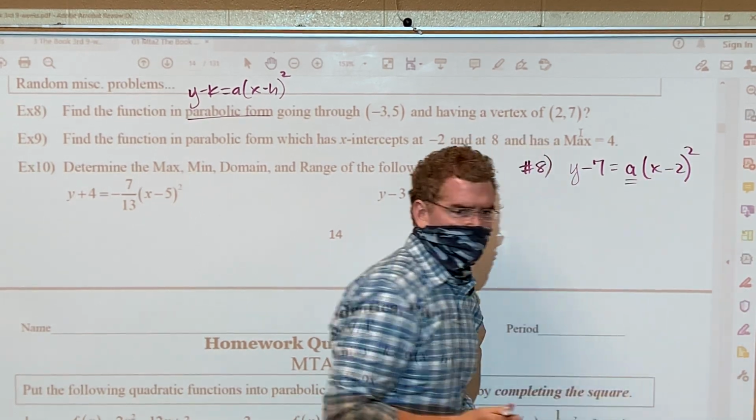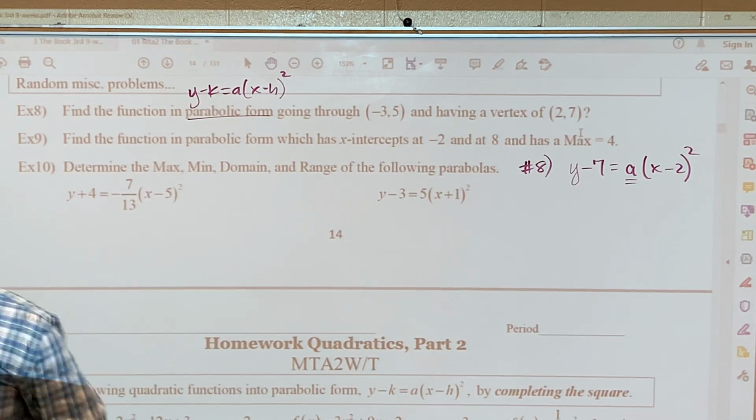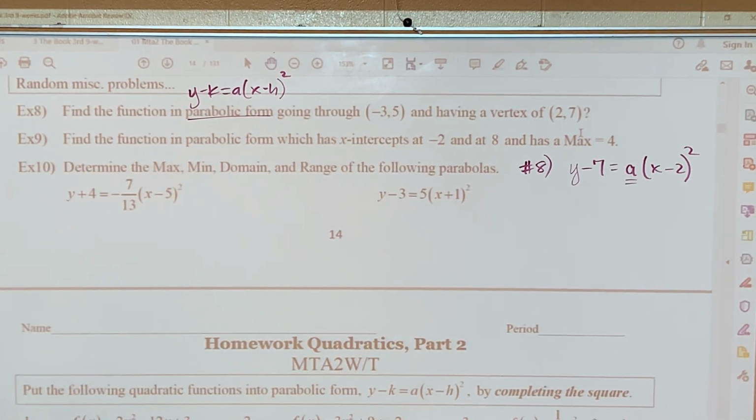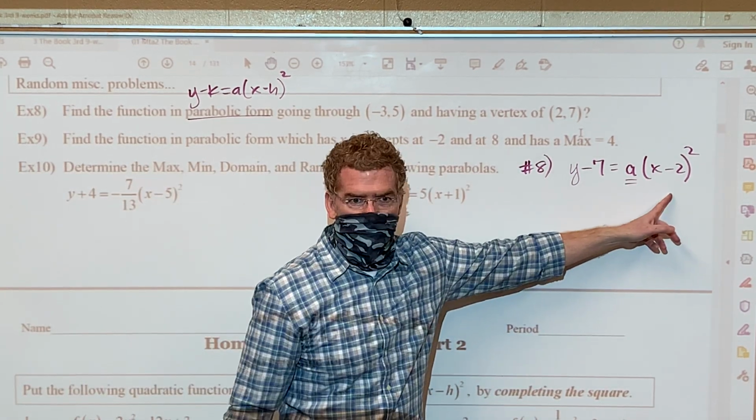So I really just need this a value, don't I? Now, what does that other point represent? It represents one of the zillions of x's and y's, right? So anybody got an idea what I could do with that x and y then? Now, when I plug it in, what is my goal of doing that? Because in the equation, I really don't want it there.